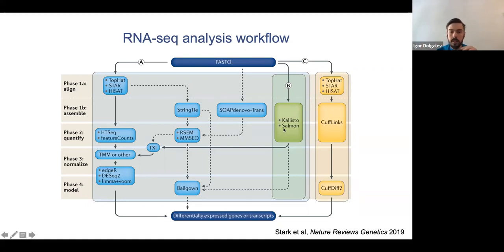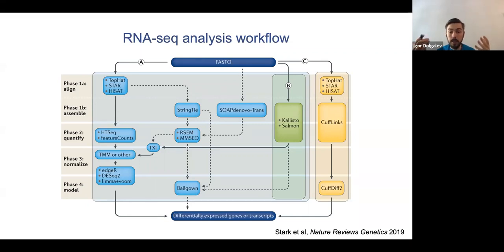And so they essentially do both the pseudo-alignment and the quantification in a single step. Once you align your genes in a more classical workflow, you can also quantify using something like HTSeq or featureCounts or RSEM.